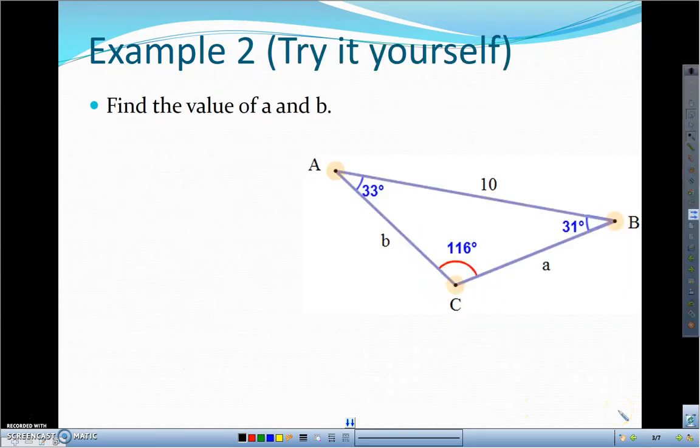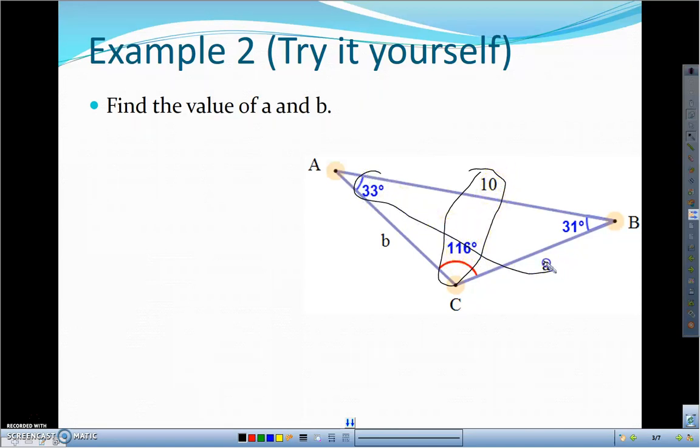In this question here, it's asked you to find both the value of a and b, and I'm going to encourage you at this point to pause the video and try and do this yourself. So here's what I know. I know that I'm going to circle my pairs. I know that I have 10 opposite this angle 116.